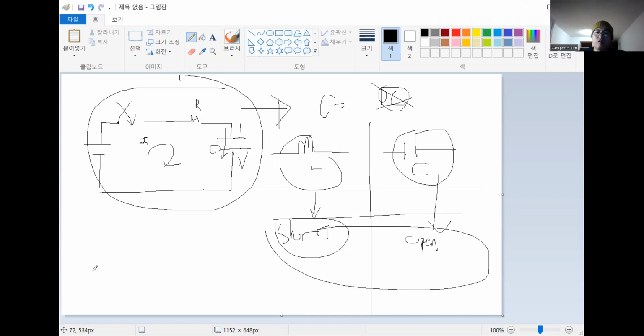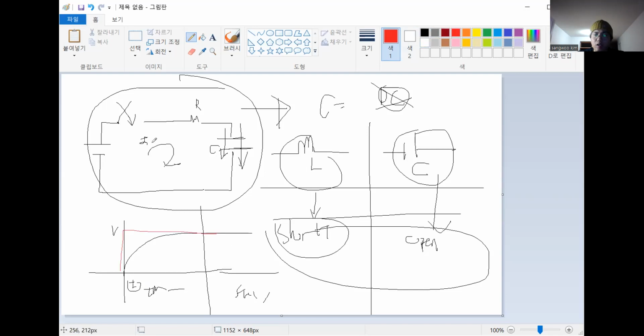So look at that, for example. This is the transient state, and this is the steady state. For the capacitor, V versus time. The voltage is not changing suddenly like this when we close the switch; it needs time, like this.